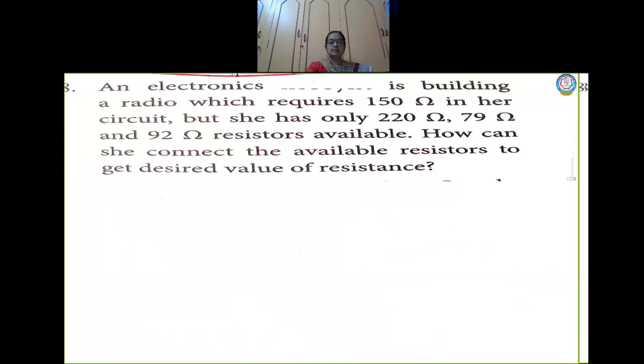Okay? Then the next problem is, I'll just tell you the problem. You have to solve and get me the answer. An electronics hobbyist is building a radio which requires 150 ohm in her circuit. But she has only 220 ohm, 79 ohm and 92 ohm resistors.